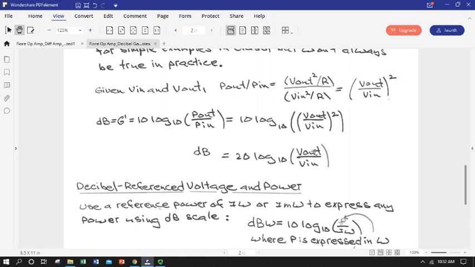If you were expressing your gain in terms of current gain, you would end up with a 20 for the same reason you did up here, because you'd be using that I squared times R. The R's would cancel. So regardless, if you're putting in power ratios, you end up with 10. If you're putting in voltage or current ratios, you end up with 20.